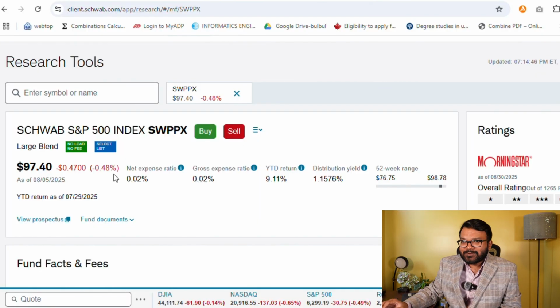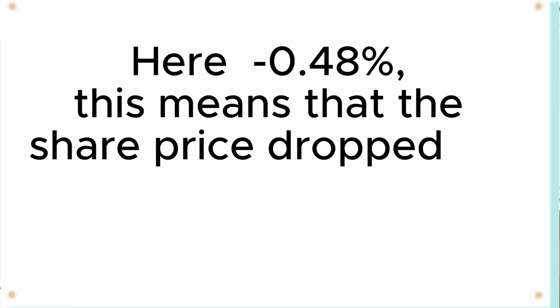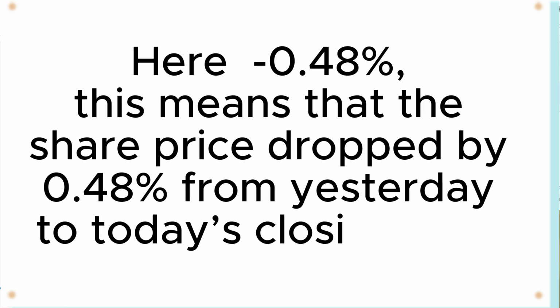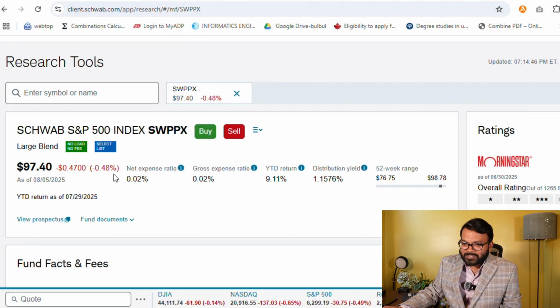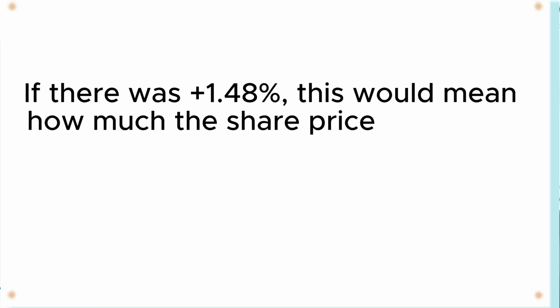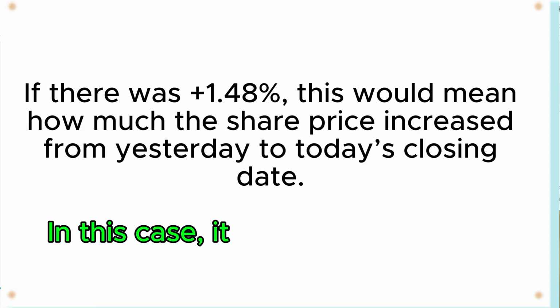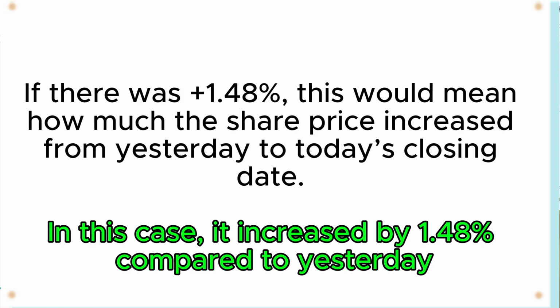So for example, you see here 0.48%. This means that the share price dropped by 0.48% from yesterday to today's closing date. Now, for example, if there was plus 1.48%, that would mean the share price increased by that much from yesterday to today's closing date.